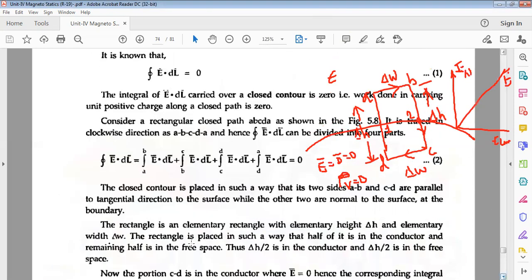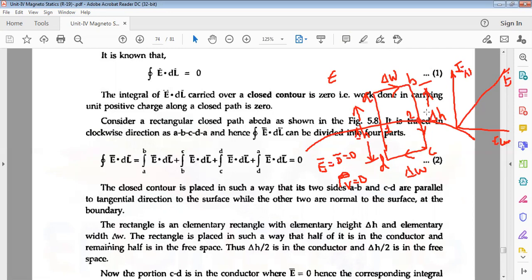Next, the rectangle is an elementary rectangle with elementary height delta H and elementary width delta W. The rectangle is placed in such a way that half of it is in the conductor and the remaining half is in the free space.